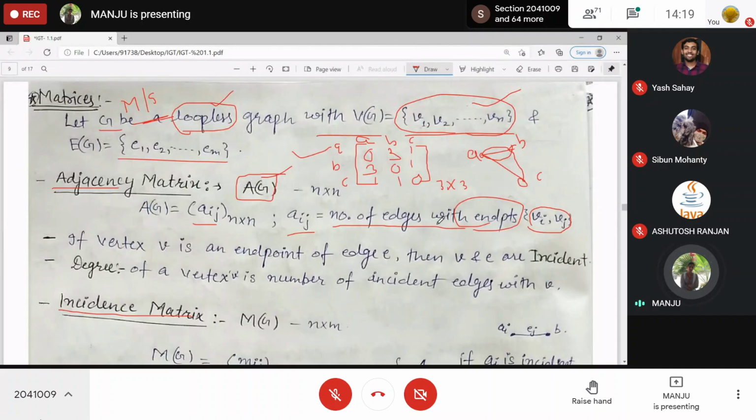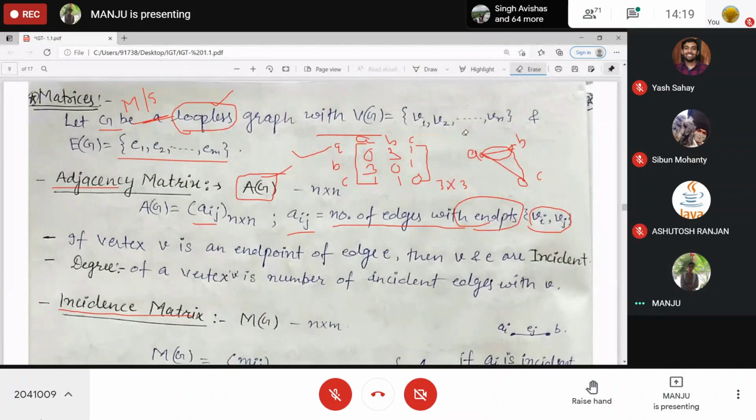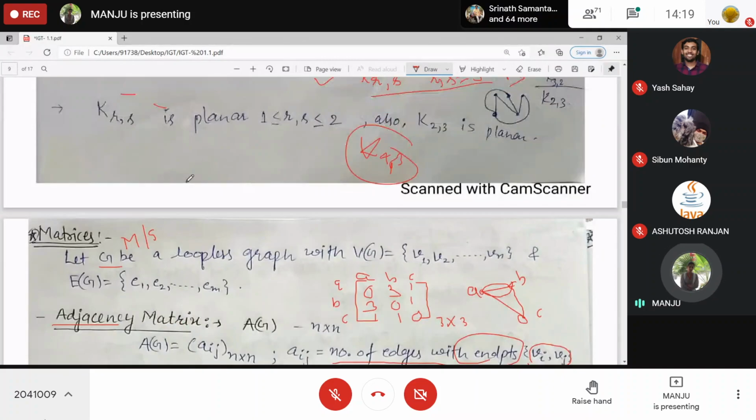One more concept is the degree concept. But before degree, let me give you the incident concept. When do you say an edge and a vertex are incident? Whenever you talk about two vertices, they can be neighbors, meaning adjacent: A and B are related, there is an edge between them. Adjacent means two vertices.